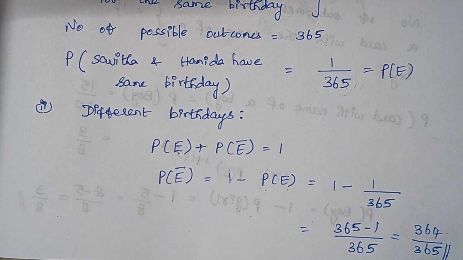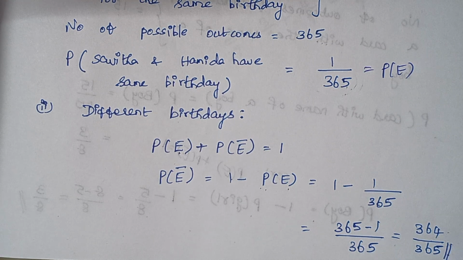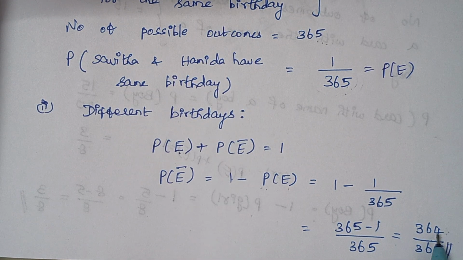Right. Here the thing is, among these 365 days, one day is celebrated as the birthday for Savita. Then what about the possibility for Hamida to celebrate her birthday? Among the rest of the 364 days, she can have any one day as her birthday.